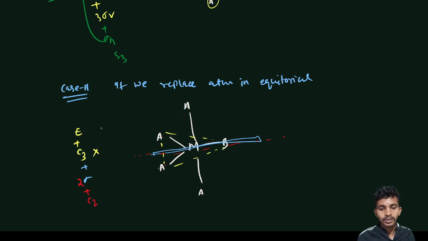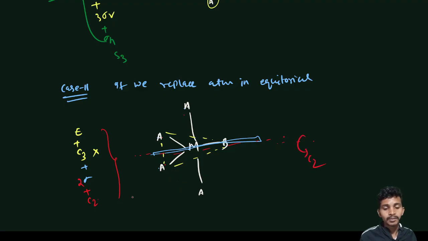Now we check whether sigma h is there or not. C3 is absent, so now the principal axis is C2. If you pass this plane, the plane is in this direction, and C2 is also in this direction.